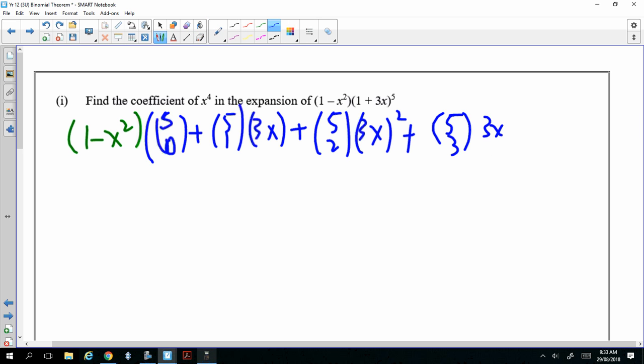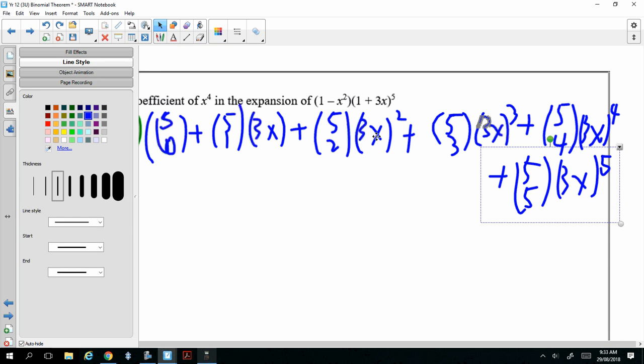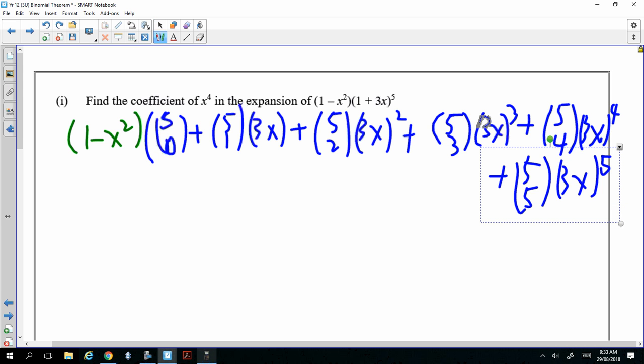So how do I get the x power 4 term? To get the x power 4 term, you have to multiply 1 times this and x squared times the x squared term, right?